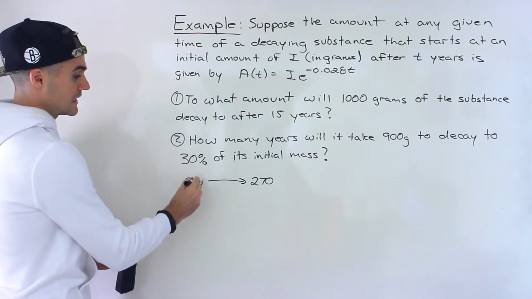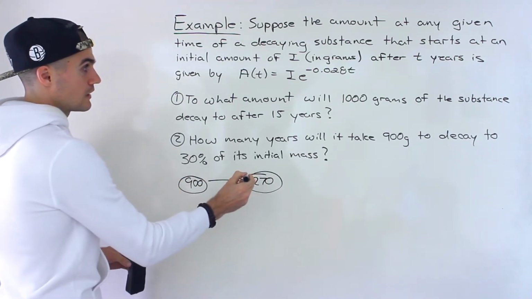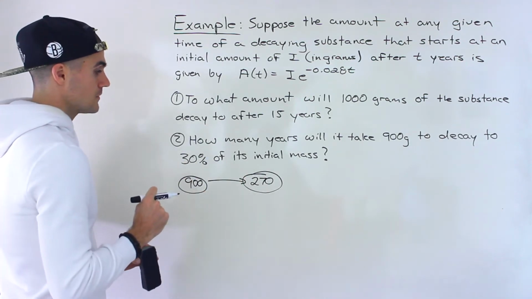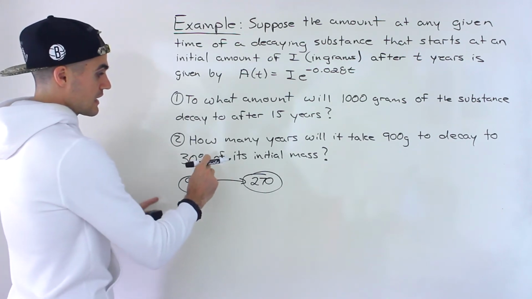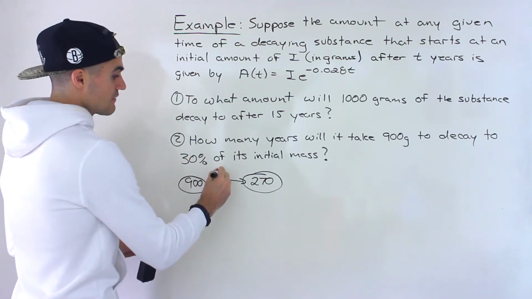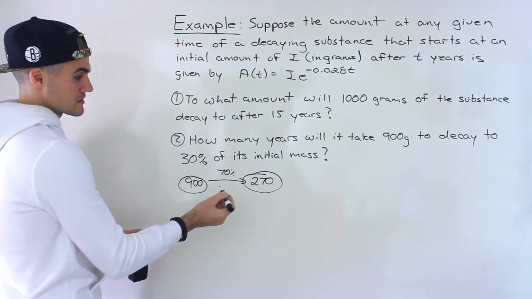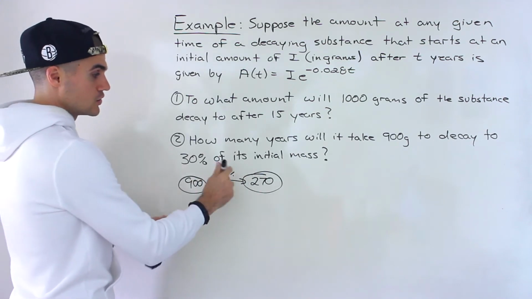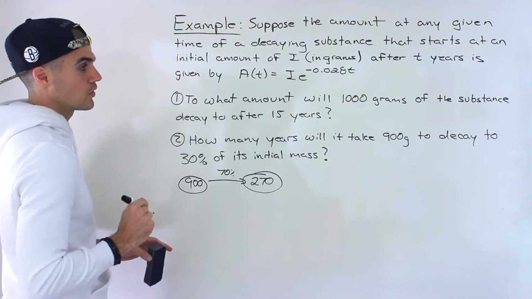So in this case, we're given the initial amount, we're given the final amount, and then we have to solve for t. And it's going to take a little bit more algebra. Another way this could have been worded is if it decayed 70% of its initial mass, right? If 70% of its initial mass decayed, then 30% would be left. So that's another way it could have been worded.